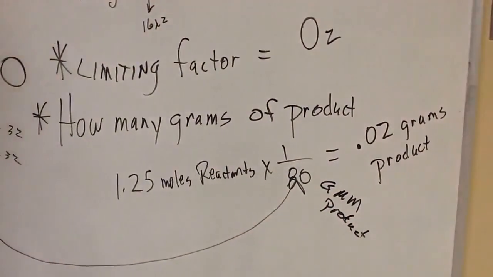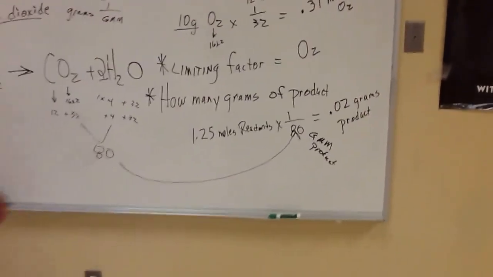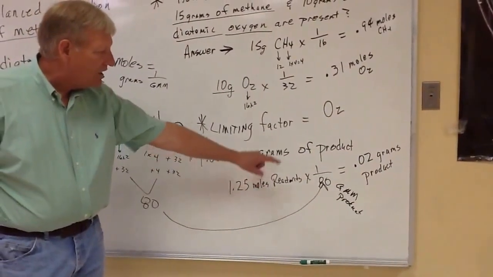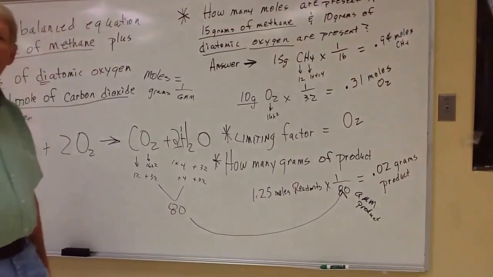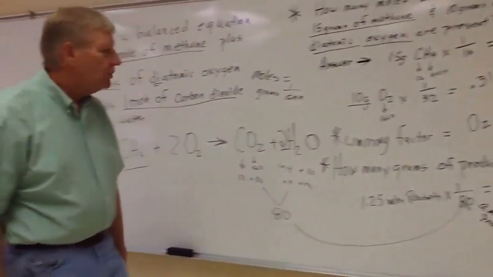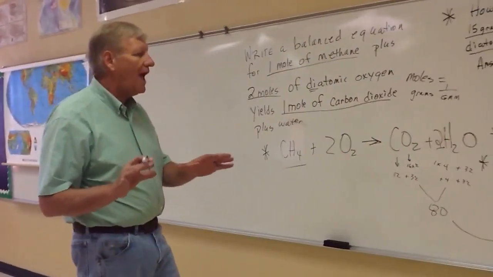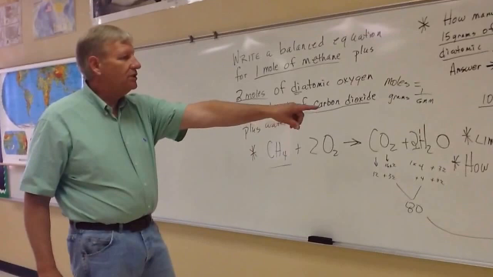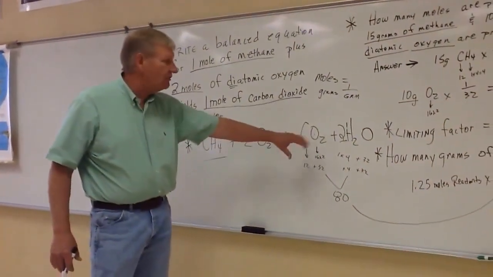Once again, plug these in, keep practicing, and you'll get pretty good at these. So the total moles of the reactants, 1.25 moles, times 1 over 80 is going to equal 0.02 grams of product. Now, this is pretty cool because we have to say how much of it is carbon dioxide and how much of it is water.